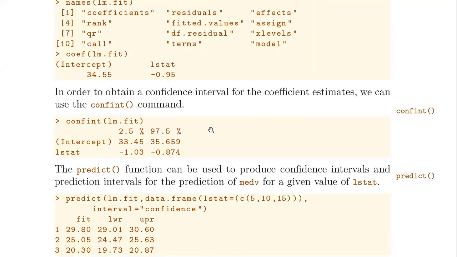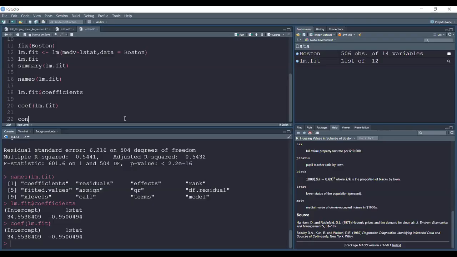In order to obtain a confidence interval for the coefficient estimates, we can use the confint command. Okay, pretty cool. So confint command, lmfit.